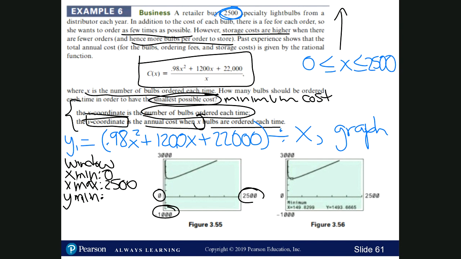Y is the cost. It's not like it's going to cost us negative dollars to ship something. That would be like the post office paying us for shipping our stuff. That's never going to happen. So we could just set it at 0, cutting the window here. And then for the y maximum, here we're using 3,000.